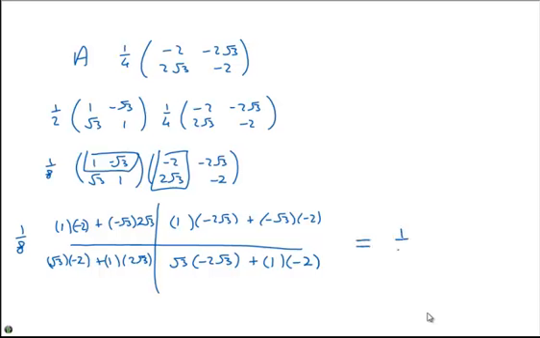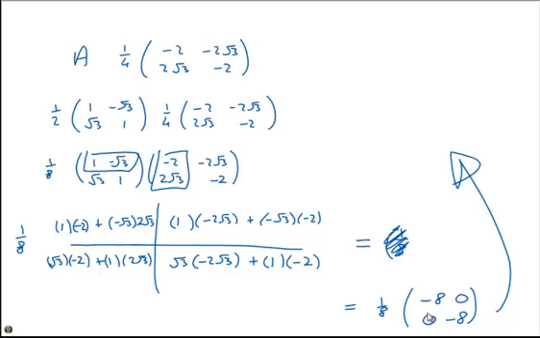When you tidy all of that up, that's what you'll get. Remember the 1 over 8 goes into every element; it gets multiplied by every element in the matrix. So your final answer is that. That's A cubed. Okay.